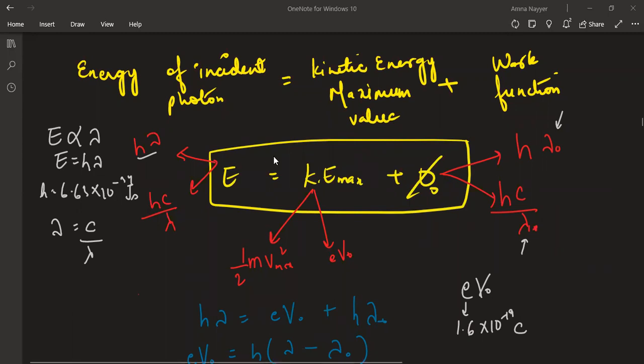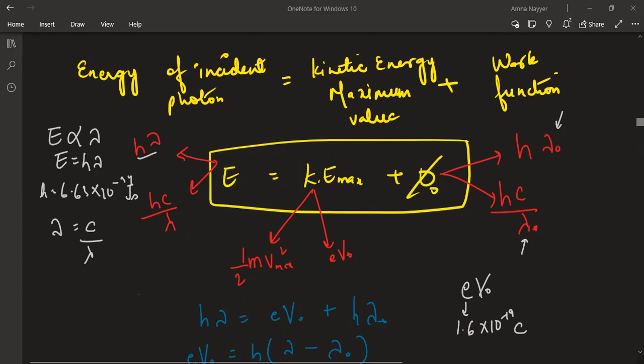Below it, if the threshold frequency is not crossed, then photoelectric emission will not occur. So energy can be written as h nu or hc by lambda. Kinetic energy can be half m v square or e V naught, and phi naught, that is the work function, can be written as h nu naught or hc by lambda naught.